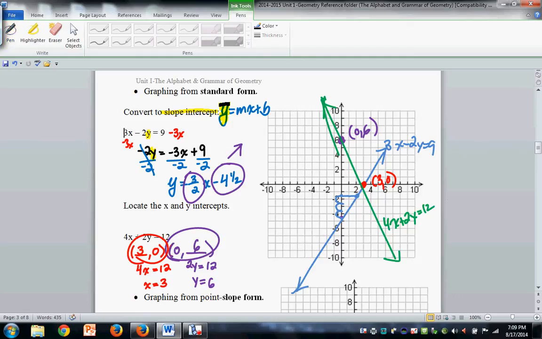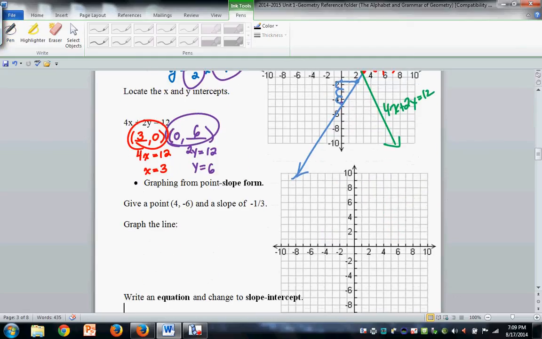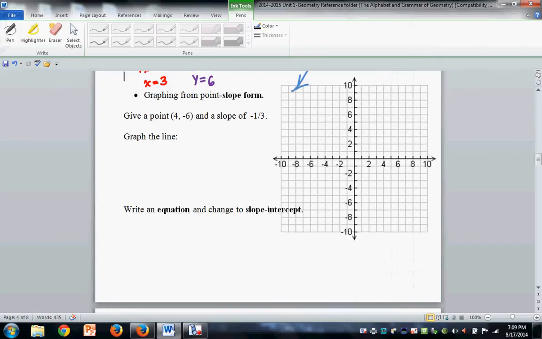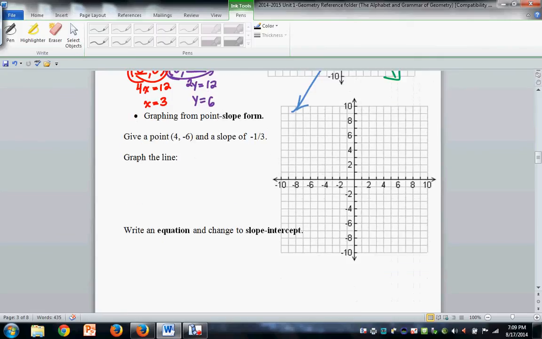The last thing you need to be able to graph is in point-slope form. We're going to give the point 4, negative 6, and we're going to use a slope of negative 1/3. So we start by graphing 4, negative 6, so over 4, down 6.